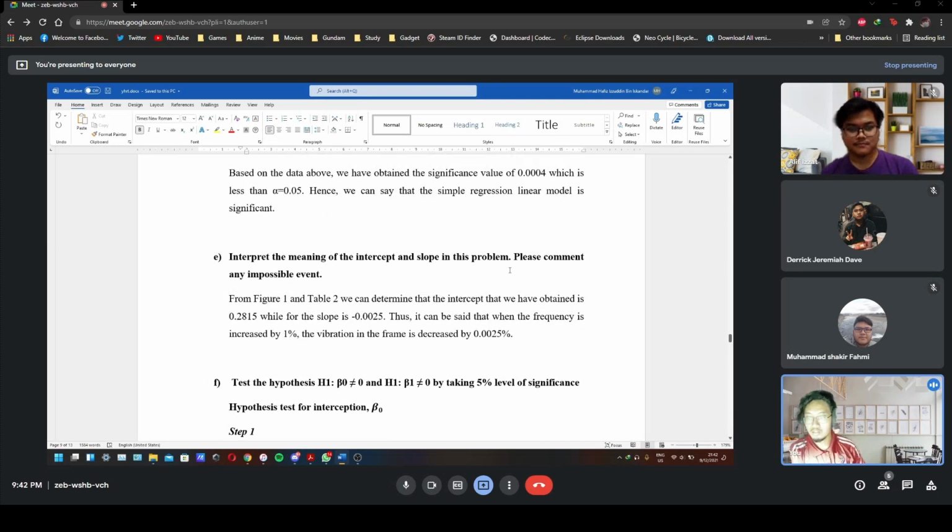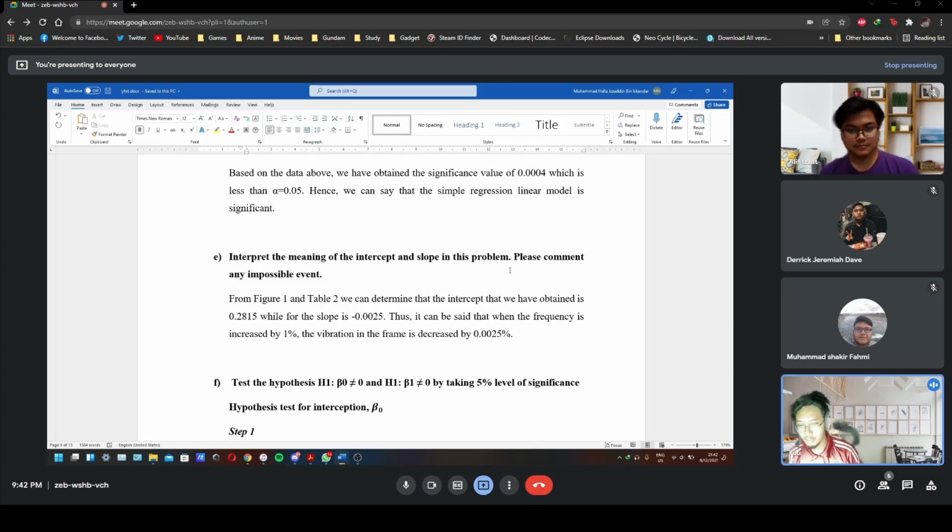Next, we interpret the meaning of the intercept and slope in this problem. From figure 2 and table 3, we can determine that the intercept that we have obtained is 0.2815, while the slope that we get is negative 0.0025.